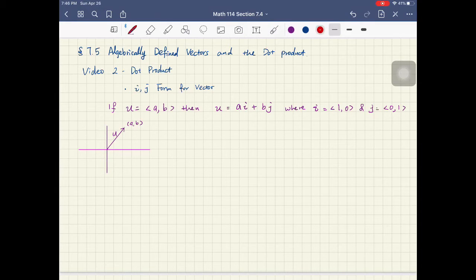If this is 1 unit, this is i, and if this is 1 unit, this is j. So i is 1, 0 and j is 0, 1. i is the unit vector for the horizontal direction, and j is the unit vector for the vertical direction.